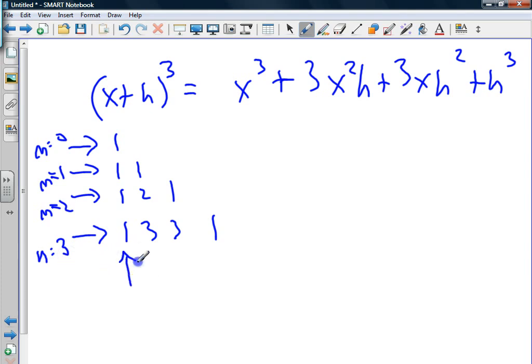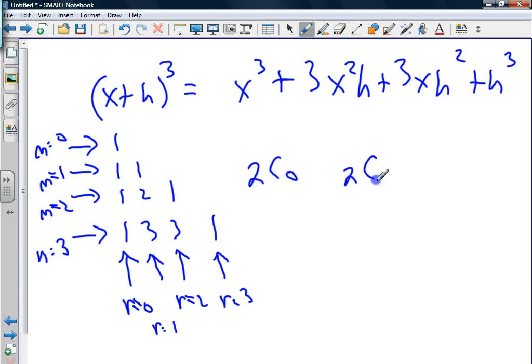If we call this column r equals 0, this column r equals 1, this column r equals 2, and this column r equals 3, you see now that 2C0, 2C1, and 2C2 are these numbers right here, where the first number is n, the row 2, and the second number is the column 0, 1, and 2. But it's a fluke that this happens to be the case.